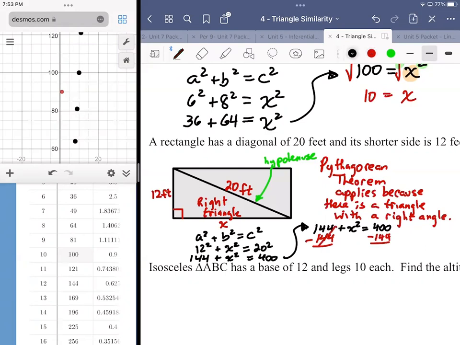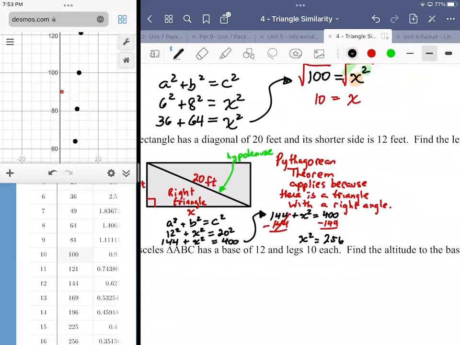So I'm looking at X squared. Well, 400 minus 100 gives me 300, minus another 40 gives me 260, and minus another 4 gives me 256. All right, so I'm looking at, again, X squared equals 256.